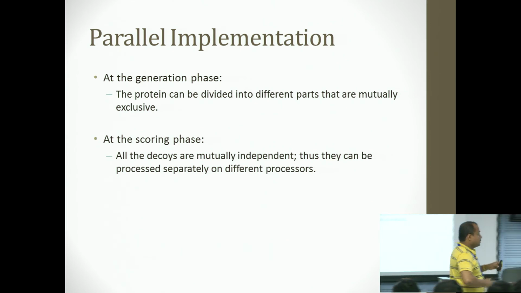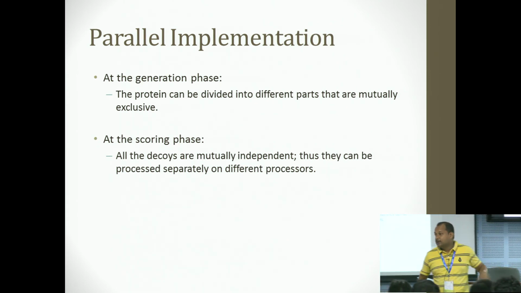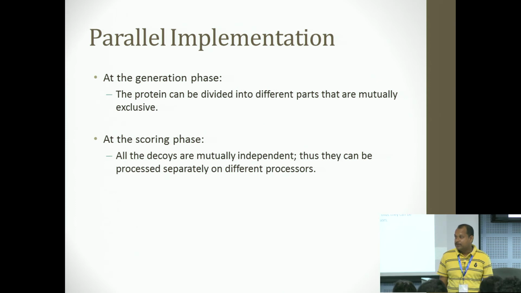Well, in this age of high performance computing or supercomputing, you can go for a parallel implementation. How can we do that? Look, it is mutually independent. Given two proteins, you can ask one computer or processor or node to generate all the translation cases.